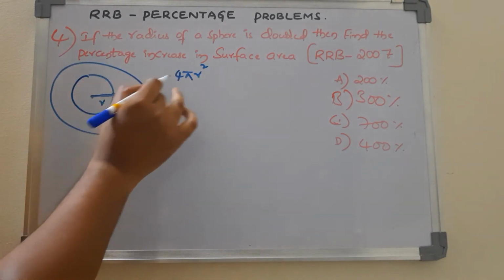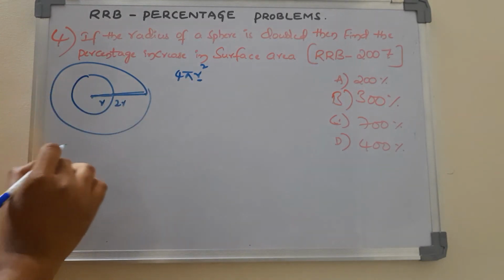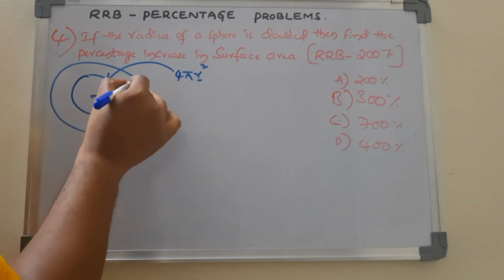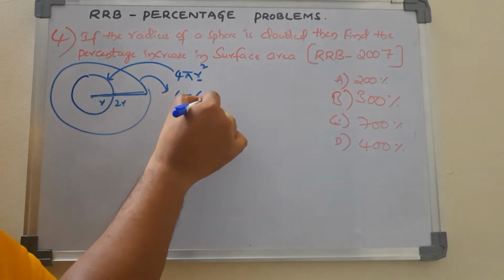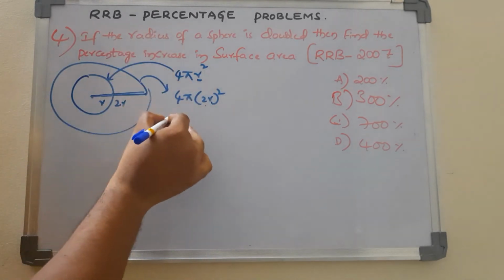If the radius is doubled, we can replace this r with 2r, right? This is the surface area of the inner sphere, and the outer sphere's surface area we can write as 4 pi (2r) square.